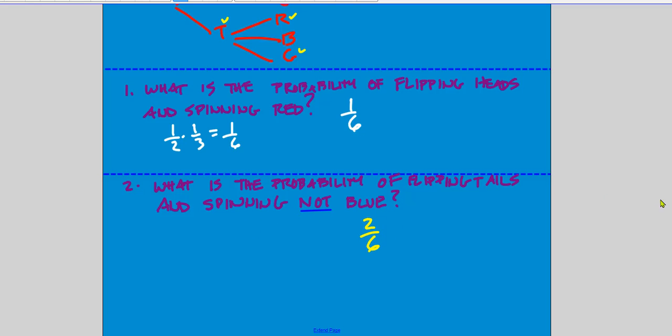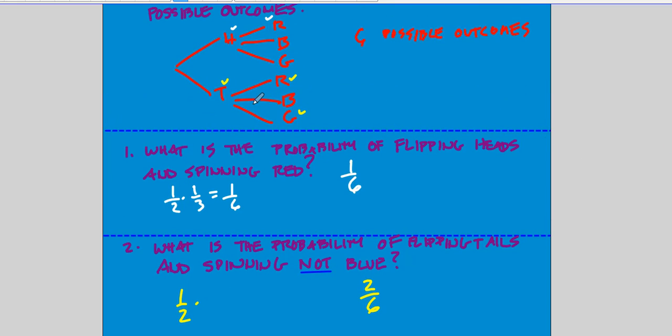Now, if we knew that flipping tails, the chance of that's 1/2, and a chance of not getting blue would be 2 out of 3, we have this. And again, if you multiply this out, you get 2/6. And by the way, 2/6 can be reduced to 1/3. So the probability either way you do it is going to be 1 out of 3 or 1/3.